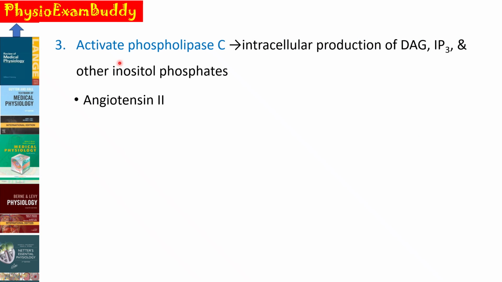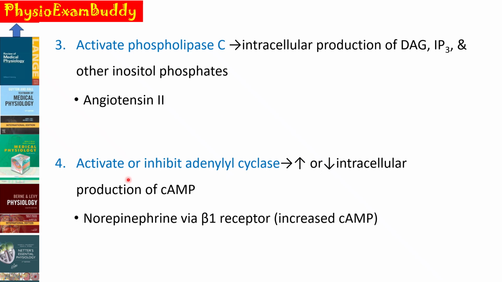The third mechanism of action of the chemical messengers is by the activation of phospholipase C. The activation of phospholipase C will produce intracellular diacylglycerol or inositol triphosphate as well as other inositol phosphates. Angiotensin 2 mainly acts via this mechanism, that is activation of phospholipase C. The next mechanism of action is by either activating or inhibiting the adenylyl cyclase enzyme.